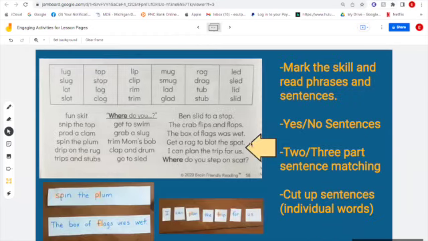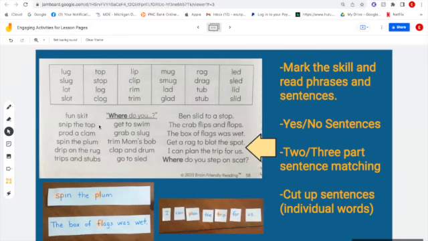So then we have our phrases and sentences. You can do a variety of activities with phrases and sentences, and I have them in order from the least difficult to the most difficult. The first thing you can do is simply have the child mark the skill and read the phrase or sentence.